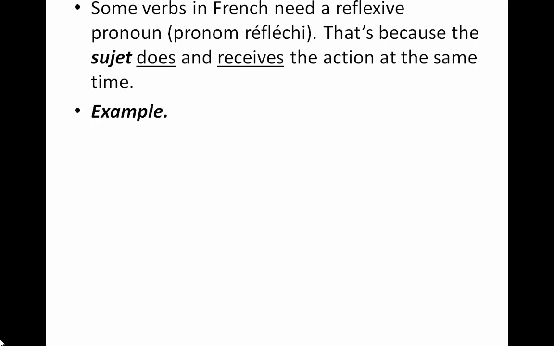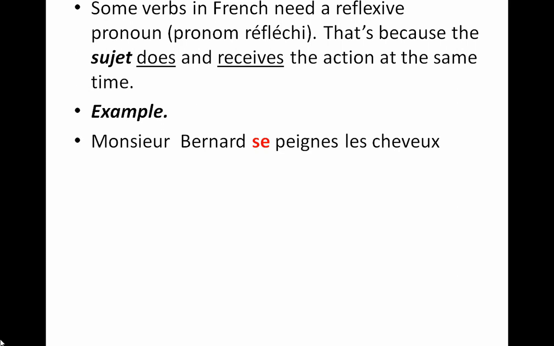Okay, let's see a practical example. Monsieur Bernard se peigne les cheveux. So, Monsieur Bernard, it's obviously the person in the picture right there, right? Se peigne les cheveux, is combing his hair.